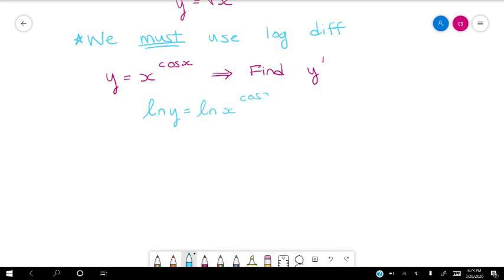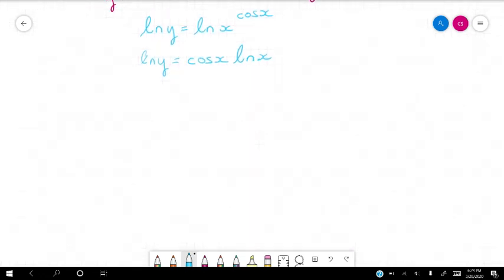And then that way we can simplify the right using our logarithm rules, so bringing that exponent down in front. All right, and then once everything is cleaned up and separated as much as we can, we're going to take the derivative with respect to x of both sides.